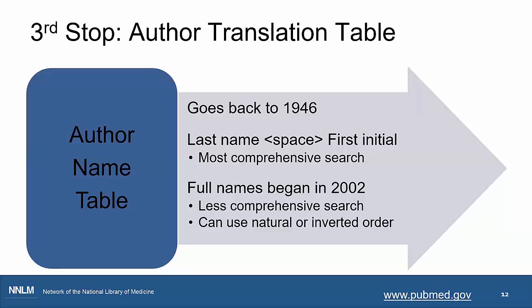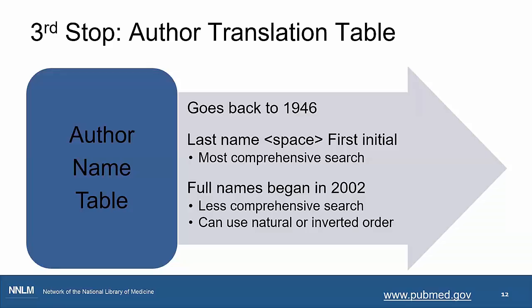Author name search is one of the 3 most frequent types of searches in PubMed. Those of you that have done that, how many of you have been frustrated by that process? Seeing a heart, I don't know if that means frustration or not, but yes, it can be a kind of messy search.